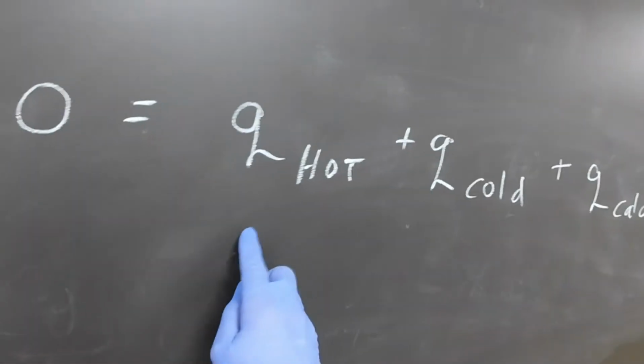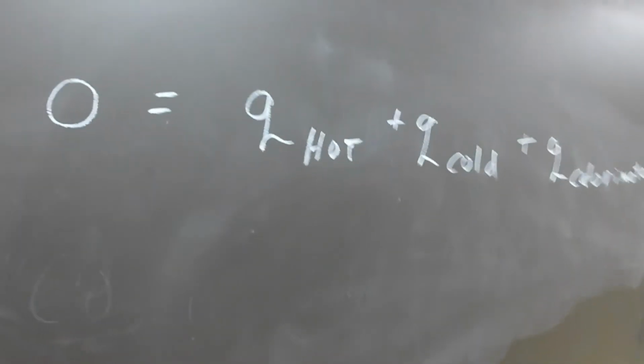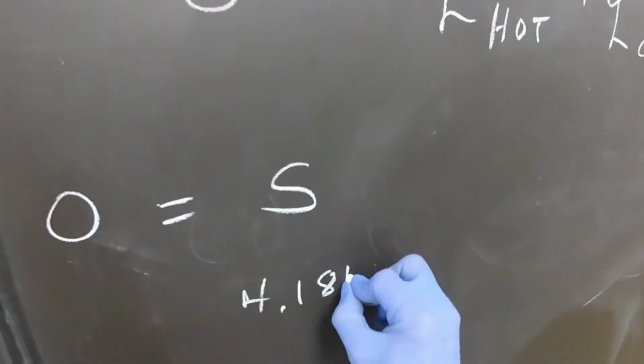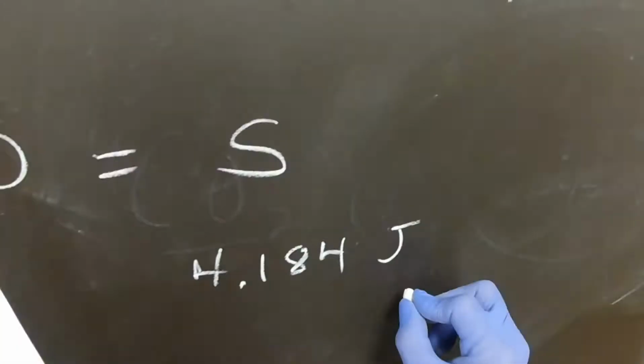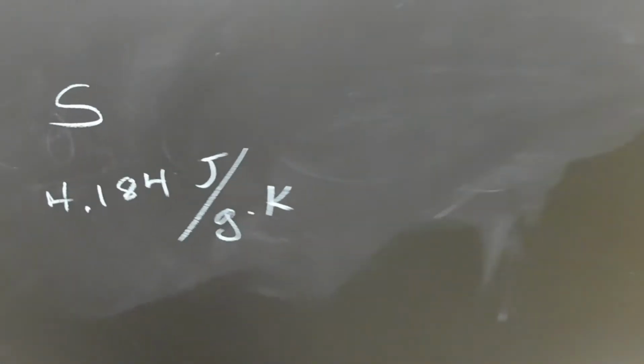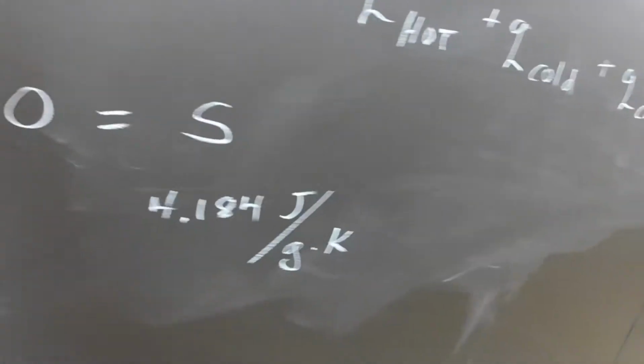Well, what does the q for water mean? Well, the q means that you have a specific heat for water, which is 4.184 joules per gram K. K is Kelvin. It's the same size degree as centigrade, so we could just as easily write degree centigrade here.